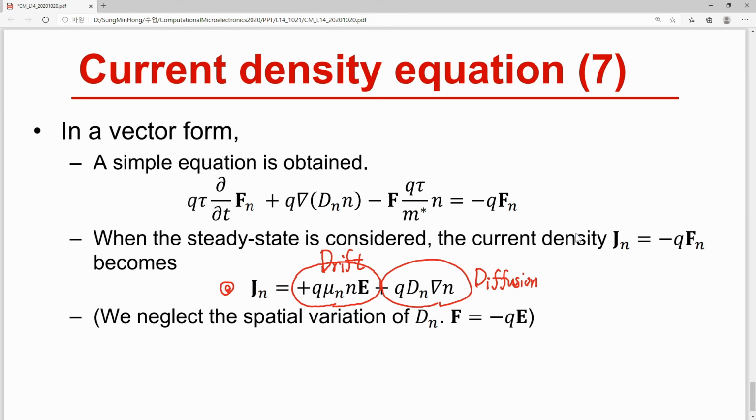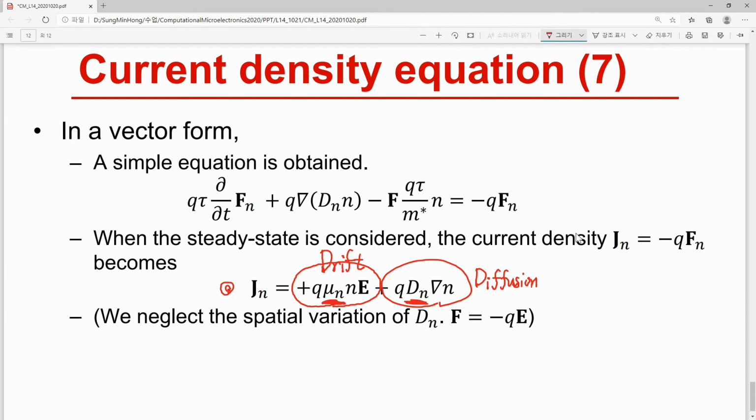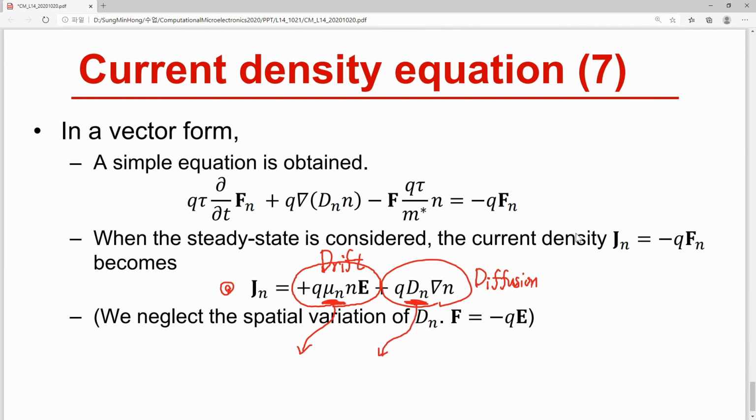It includes a lot of approximations, and in order to make it accurate, we have to spend quite a long time on the modeling of this mobility and diffusion constant.